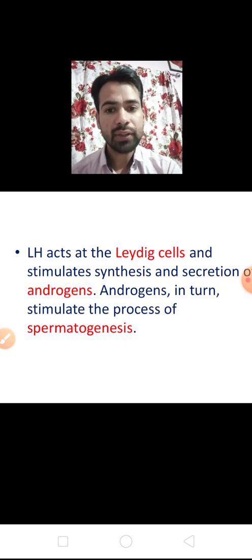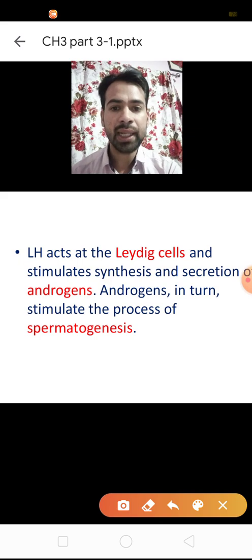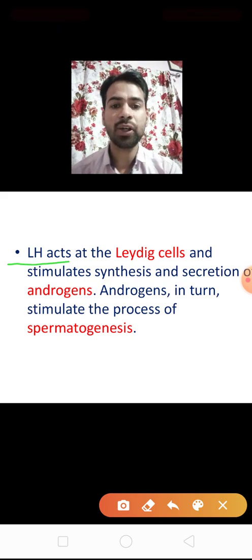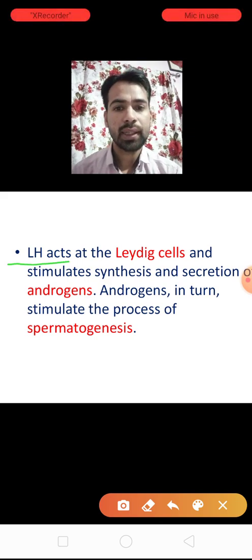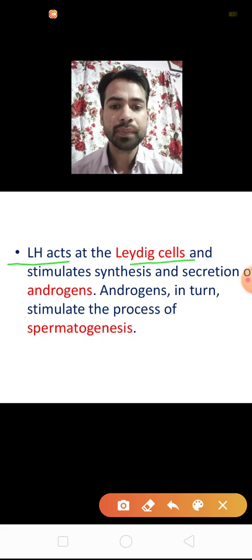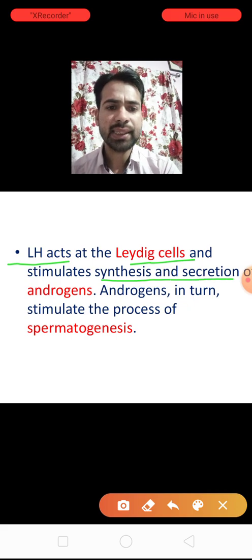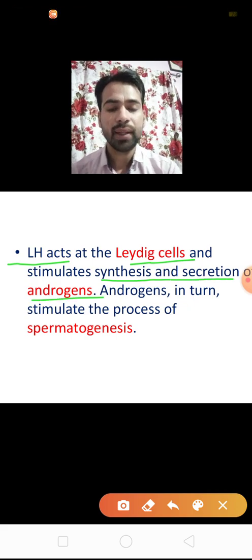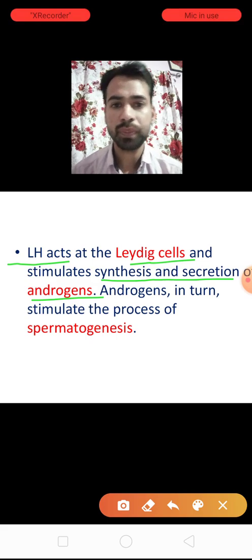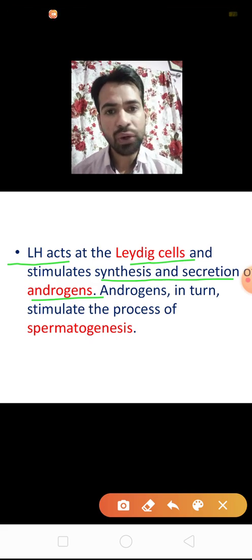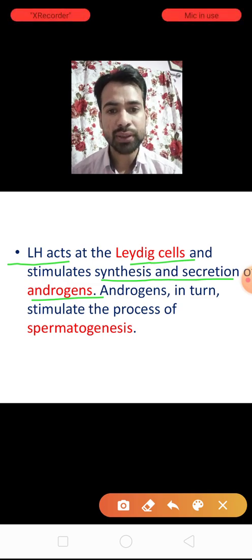Now, the first hormone is luteinizing hormone. It acts on Leydig cells and stimulates the synthesis and secretion of androgen, that is the male hormone, testosterone. We can also say testosterone or androgens.